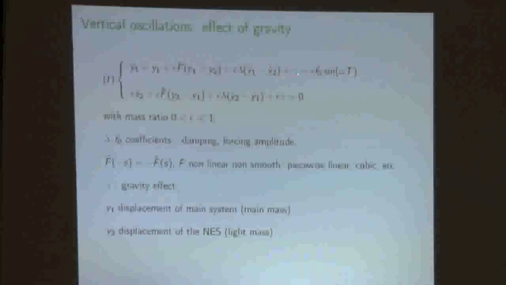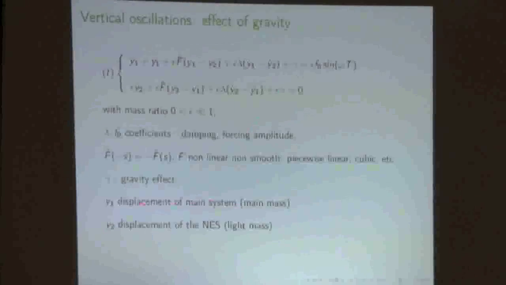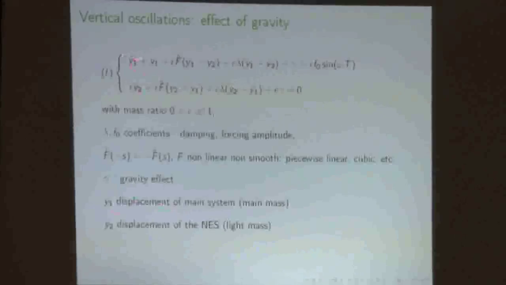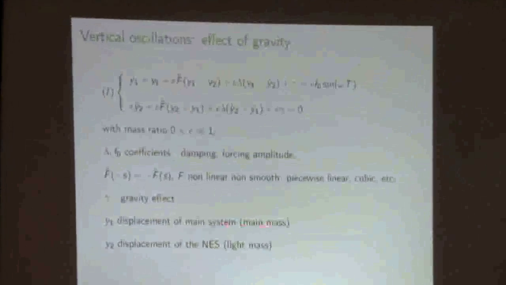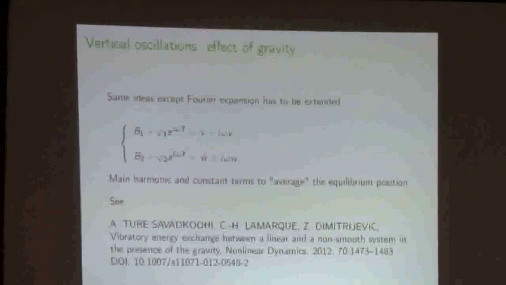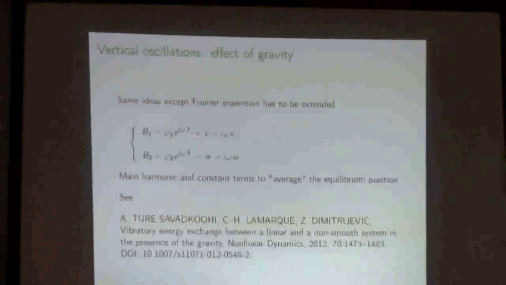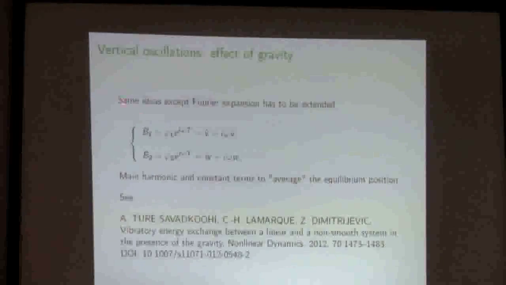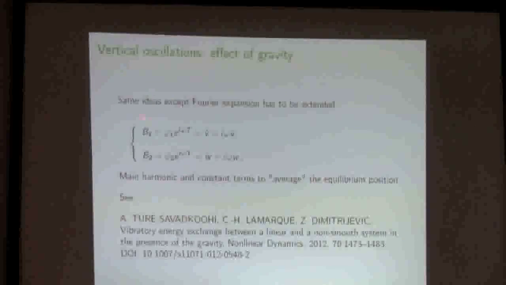So it has been done in a paper. You introduce in the equation the gravity to take into account this fact. And again, for y1 being the displacement of the main system, the main mass, y2 the displacement of the nest, it is possible to do the same Fourier expansion and same introduction of complex variable, except we take into account the constant term.